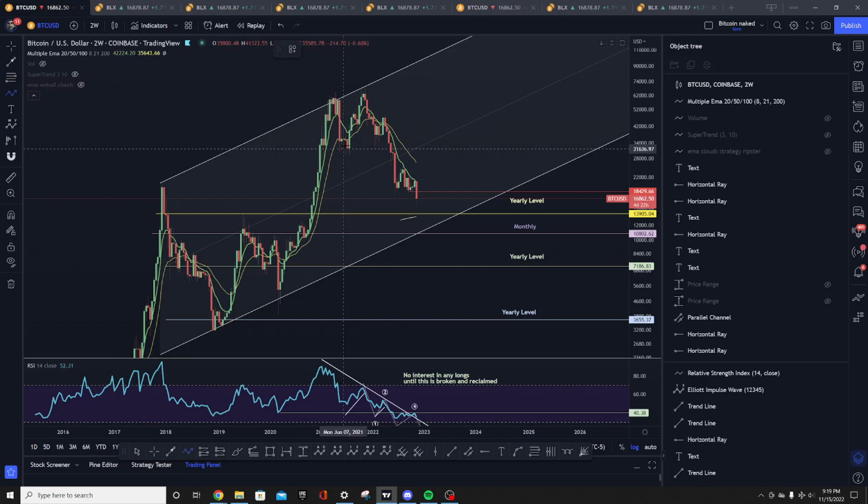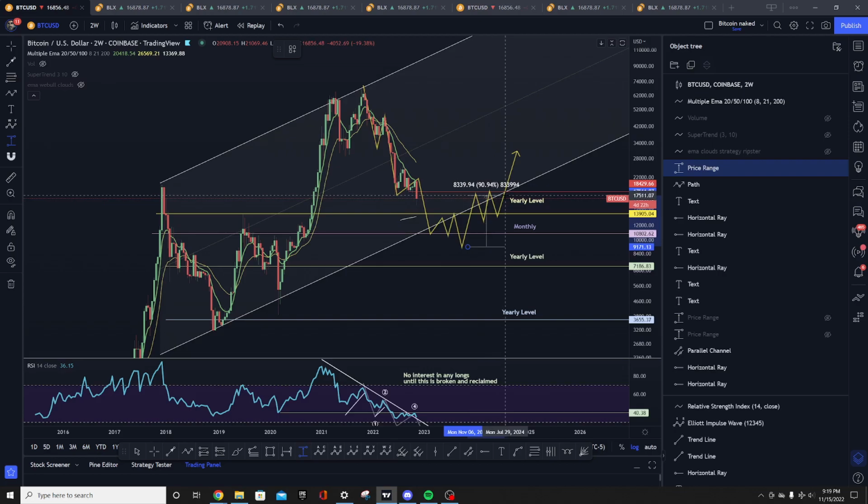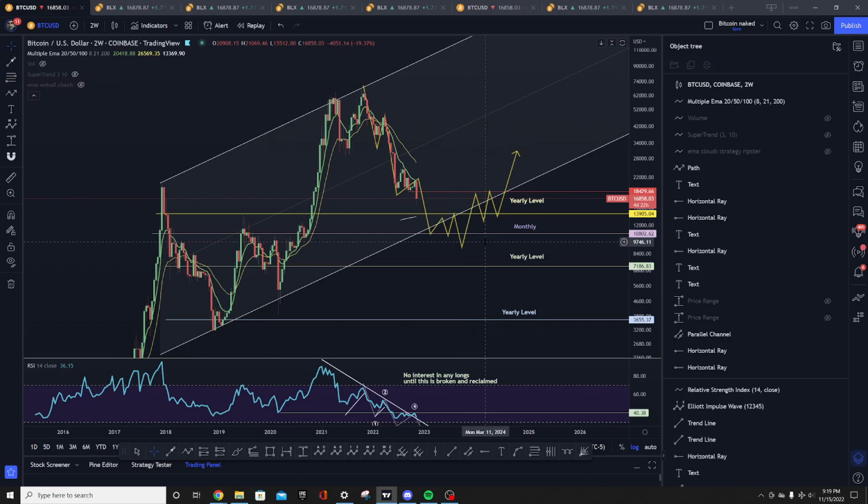So what I am looking for, or what I'm gonna do, I don't care what you guys do, is I'm looking for a test of these levels between 13.8 and 10.8k, and I would expect something like a little swing failure pattern come up, and then something like that. That's what I'm expecting, because I know it's gonna be at least a 50% move from here. We're gonna get a big bounce. It's probably gonna be 100% actually. So that's how I'm gonna play it.